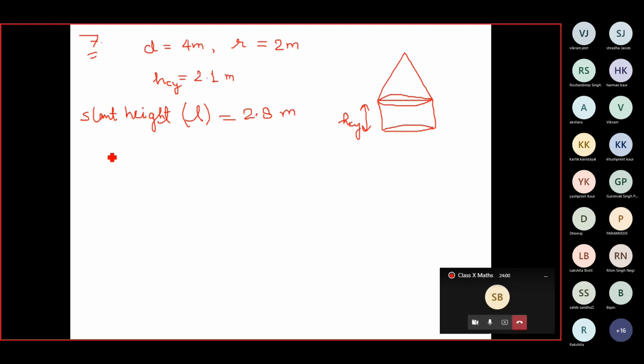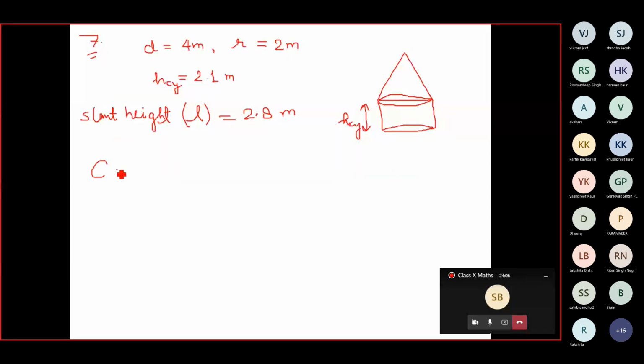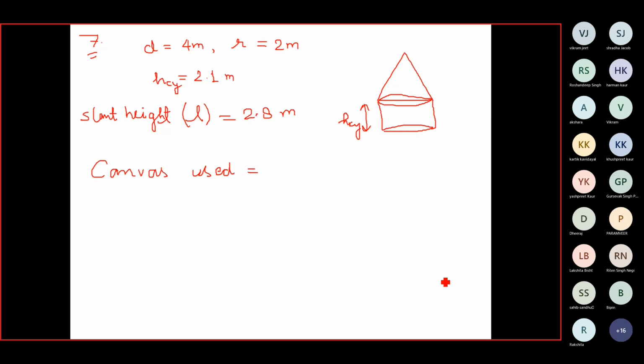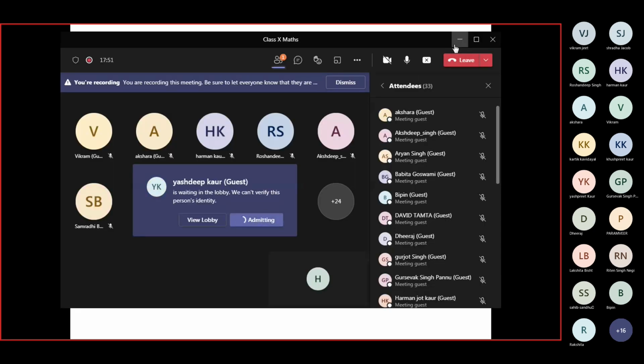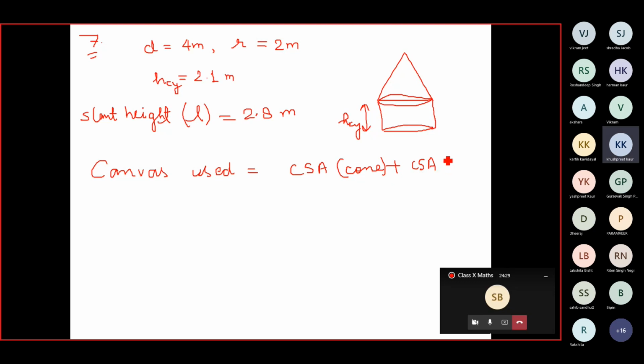So to find the area of the canvas used, we will write: canvas used is equal to CSA of cone plus CSA of cylinder.